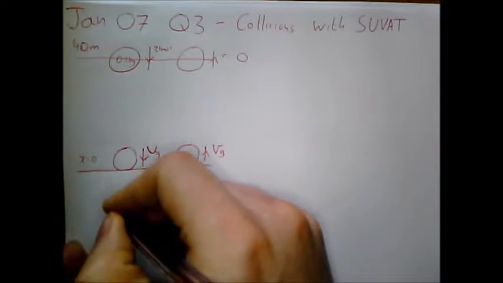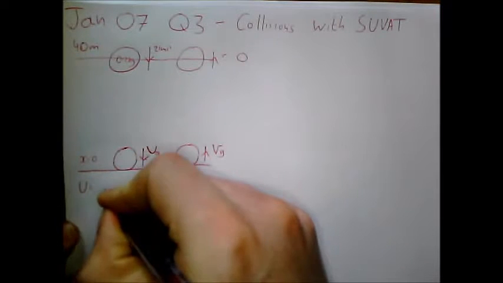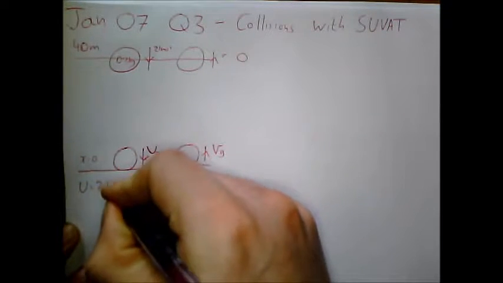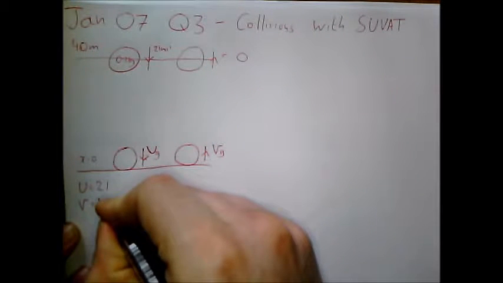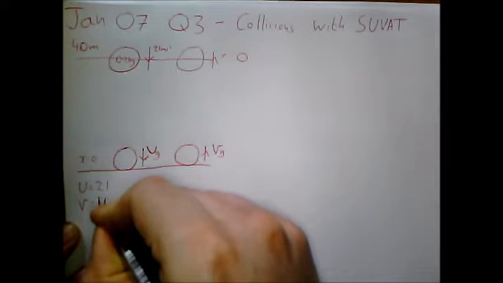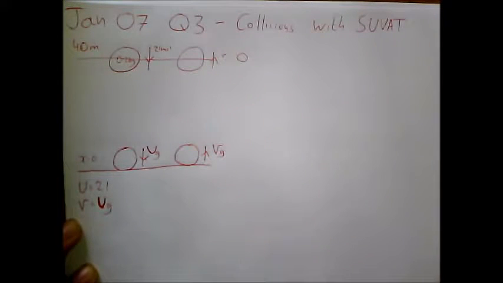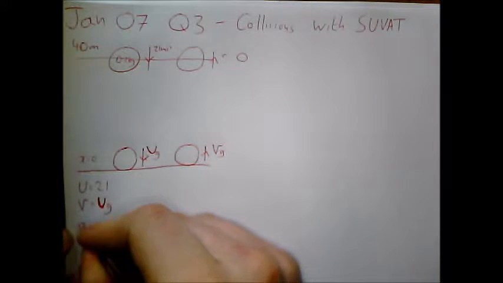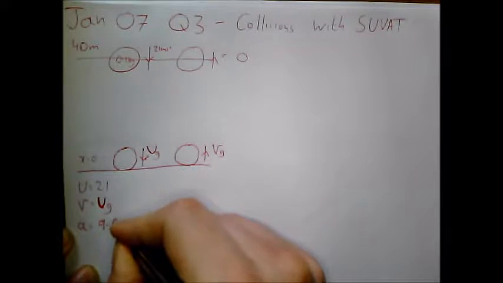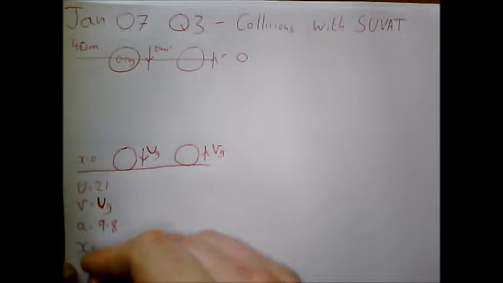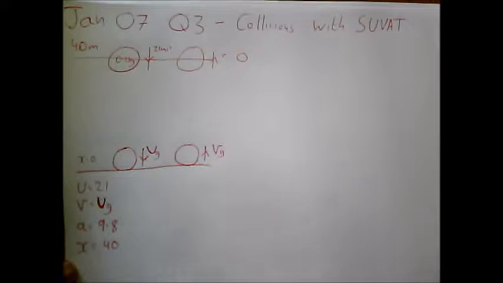Okay, so let's do this. Our initial speed is 21. Our final velocity is UG. Our acceleration, I'm going to resolve downwards, so everything's going to be positive here, 9.8. And it needs to fall a distance of 40 meters.